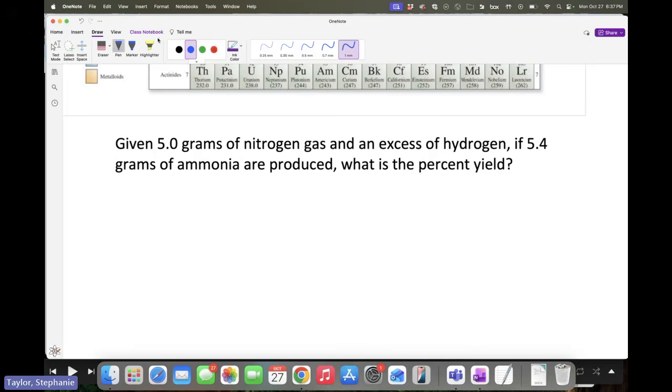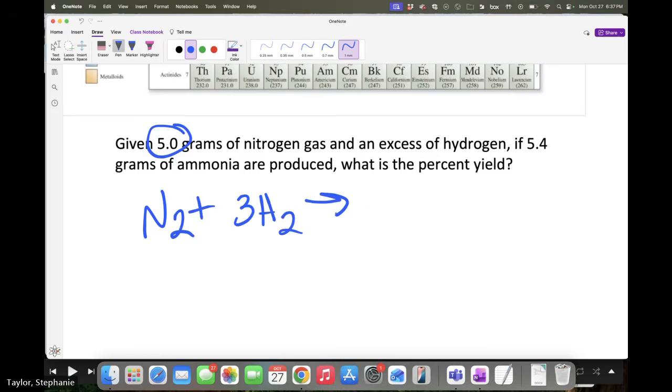So what's happening here is it told me something about the beginning. So I've got my nitrogen, let me get my reaction back out here again. So I have my 5 grams of nitrogen and excess of hydrogen, and then it told me how much is produced.